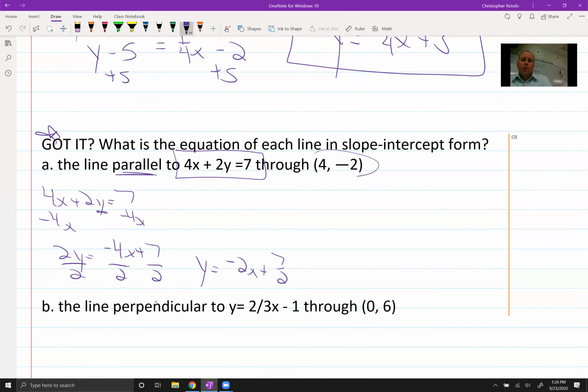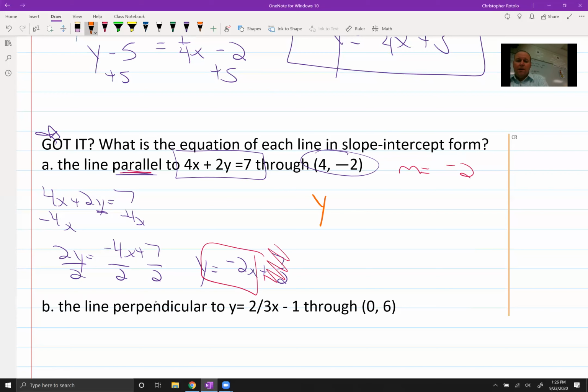Now they gave me an ordered pair to work with. So the first thing I'm going to do, I don't want to get distracted, I'm just going to cross out the y-intercept of the other one. My slope turned out to be -2. I'm going to again remind myself this is about parallel. So that means I'm going to use a slope of -2 and the point 4, -2. I do want to end up in slope intercept form when I'm done, but by now, you guys know that I'm going to run this straight through point slope.